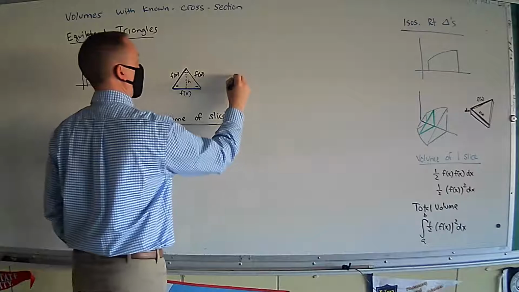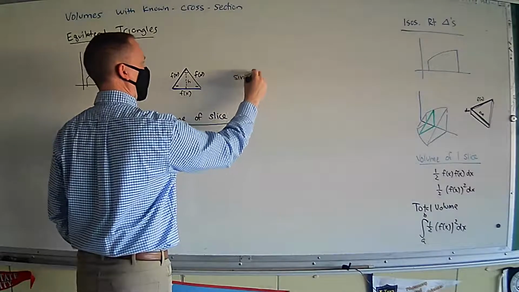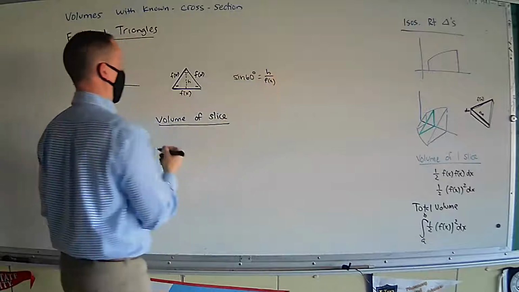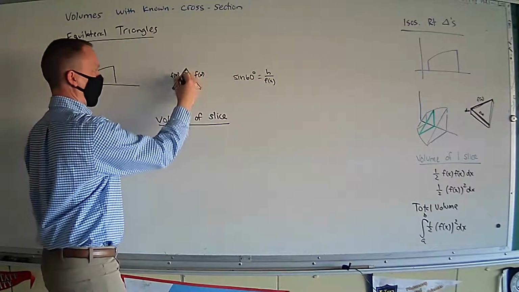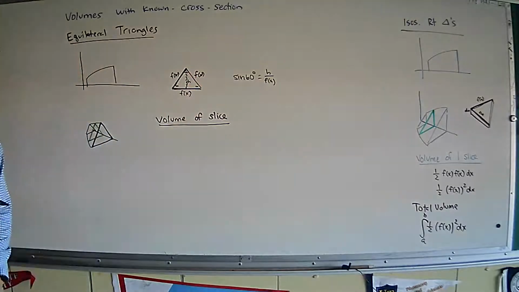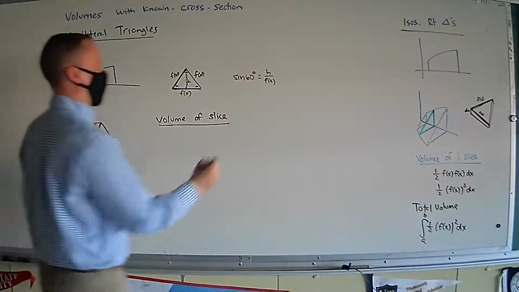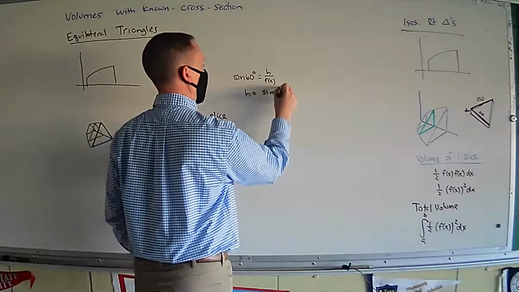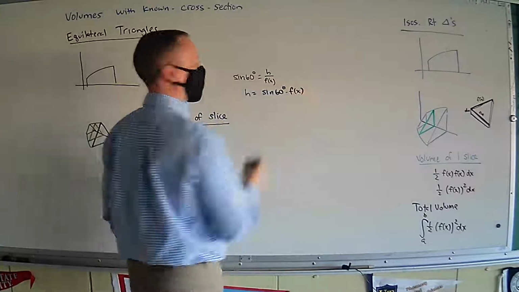So I know that the sine of 60 degrees is equal to h over f of x, the hypotenuse. Like I'm using this right triangle right here. So what is the height? It's the sine of 60 degrees times f of x.